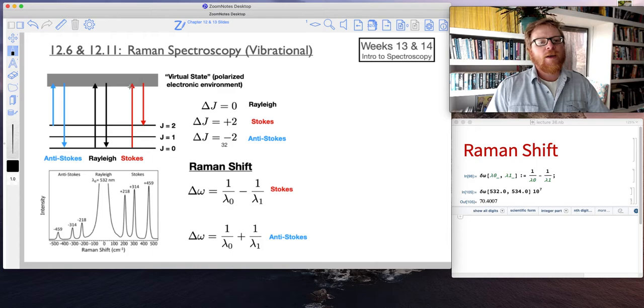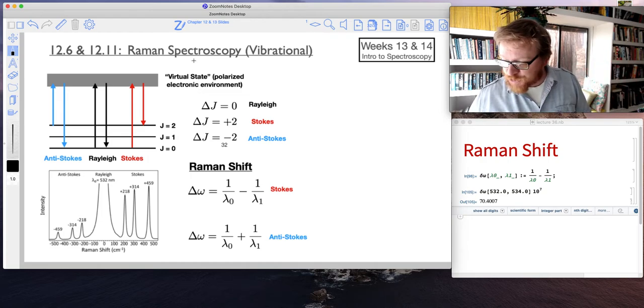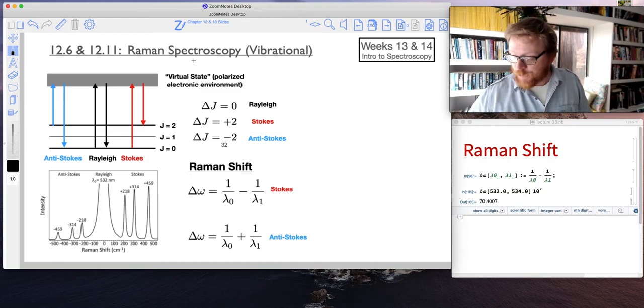And so we draw this energy level diagram by noting that the light is being scattered off of a virtual state. So that virtual state is really like the polarized electronic environment, right? It's those distorted MOs, okay, that create what we call this virtual state.